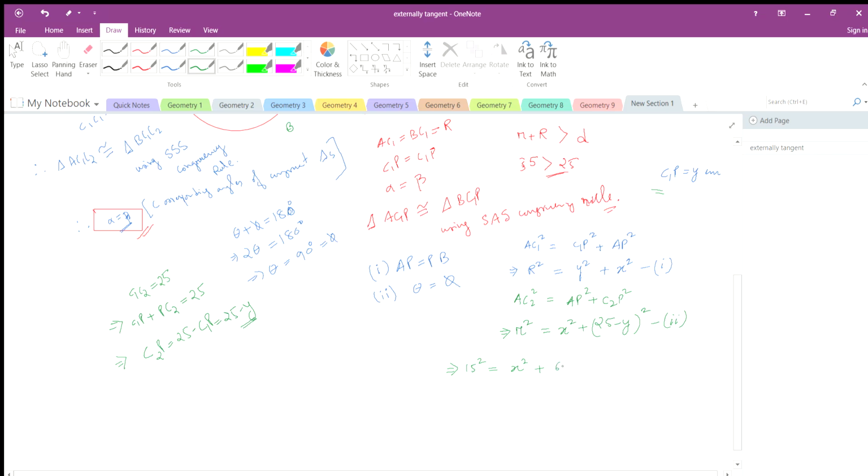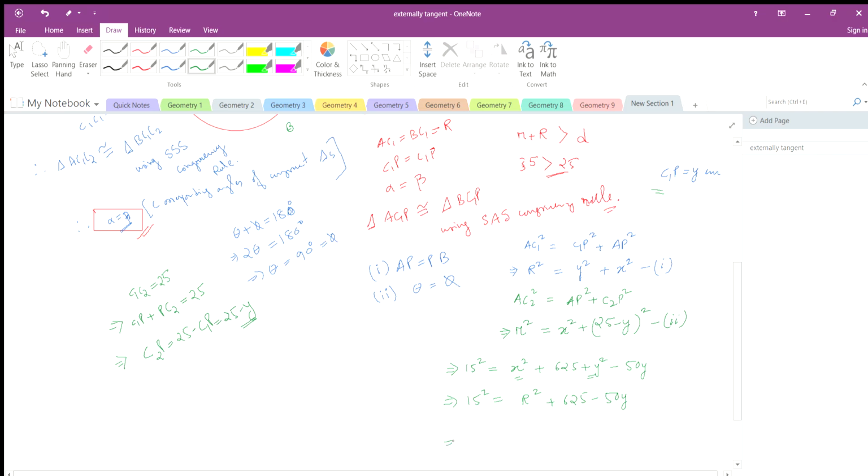So 25 square is 625, y square, and minus 50y, right? Now you can see I have this x square plus y square. In the first equation, please note x square plus y square is equal to capital R square. So 15 square is equal to capital R square plus 625 minus 50y.